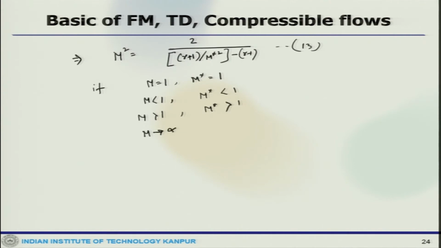If M tends to infinity, M star tends to gamma plus 1 by gamma minus 1. So, these are the correlations that you can obtain from the M and M star relationship, and this is for 1D steady compressible flow that you can derive.